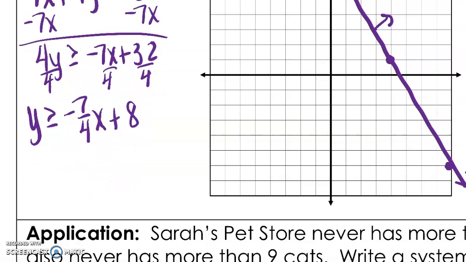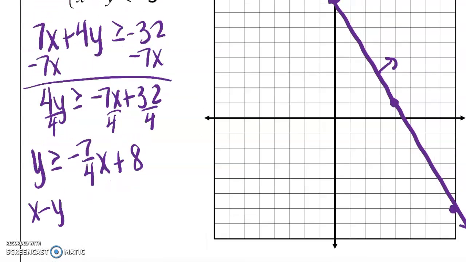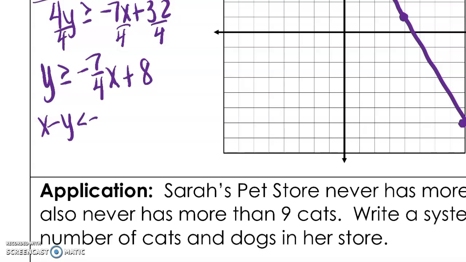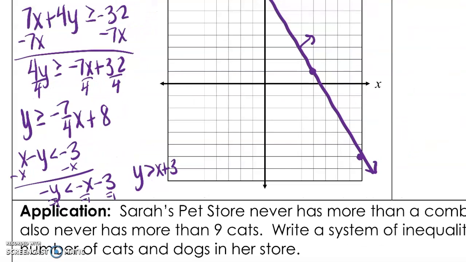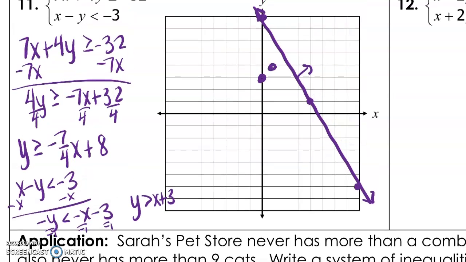And the bottom one, x minus y is less than negative 3. Subtract x, negative y is less than negative x minus 3. Divide, y is greater than x plus 3. We have to flip the sign. So we start by going up 3, and then up 1, right 1, down 1, left 1.